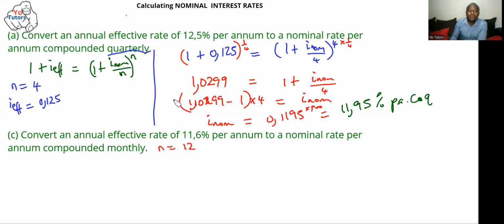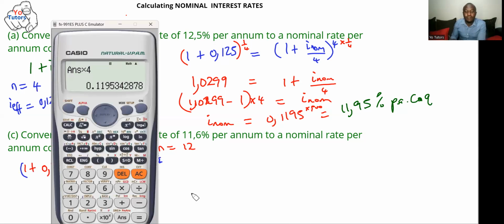So we're going to say 1 plus 0.116 is equal to 1 plus, in bracket, our I nominal, which we are looking for, over 12, to the power of 12. Then we multiply by the exponent of 1 over 12, also 1 over 12.